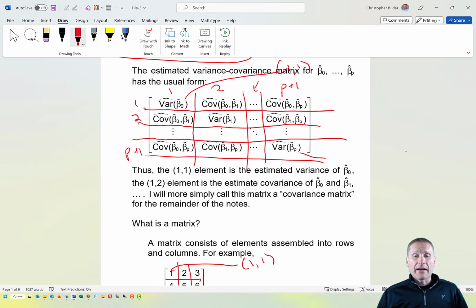On the off diagonal of the matrix, we have these things that are denoted symbolically by a Cov with a hat on top of it. What this represents is the estimated covariance of, in this particular case, beta hat 0 and beta hat 1, and the estimated covariance of beta hat 0 and beta hat sub p. If you haven't seen a covariance before, basically what it measures is the dependence between two random variables.